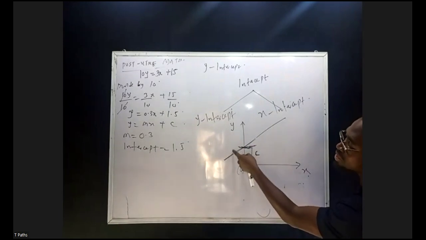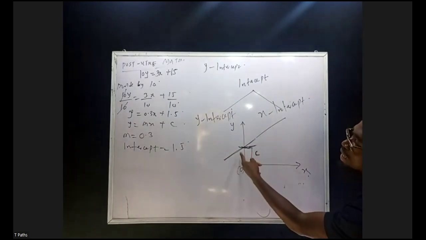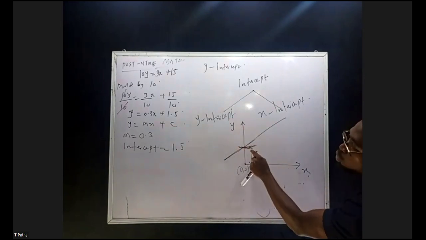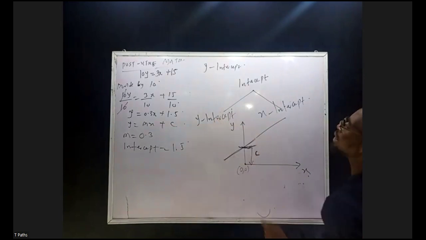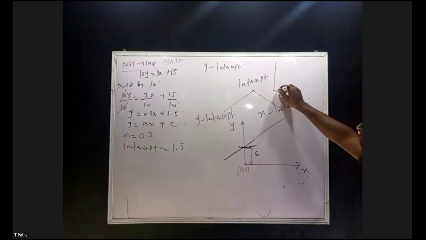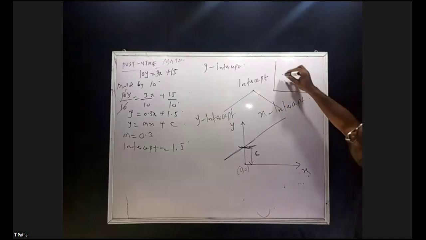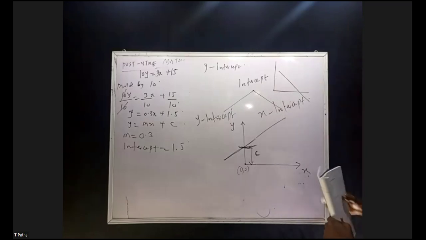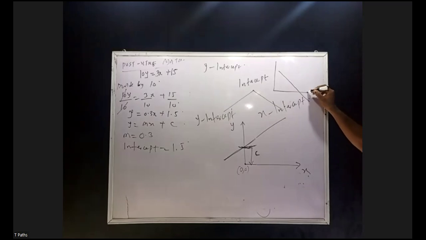So intercept is basically the point where the line cuts the axis. In this case, what axis is this cutting? It is cutting the y-axis. So we call that the y-intercept. If I want to draw the graph for x-intercept, it's going to look like this. Look at the graph. This line is cutting the x-axis here.